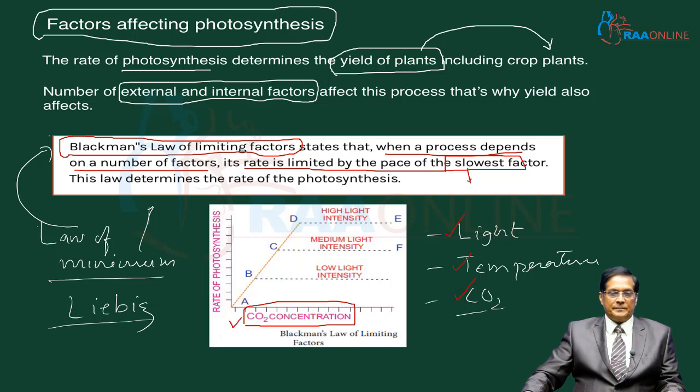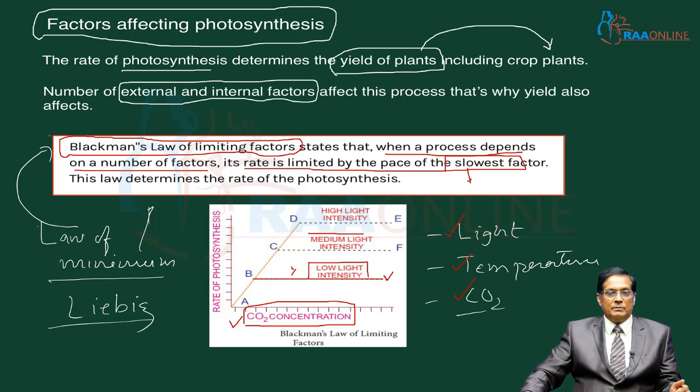Suppose carbon dioxide is in least supply in those conditions. The rate becomes constant at low light intensity. Beyond this, carbon dioxide does not increase the rate, because in those conditions the requirement of carbon dioxide is over by supplying it.